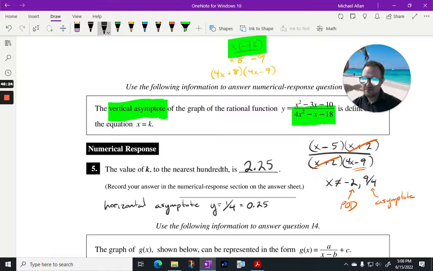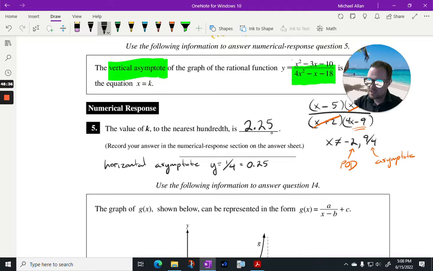We can find that by dividing our leading coefficients if the degrees are the same. Up here you can see that the degrees are the same, so I just took those two numbers and divided them.